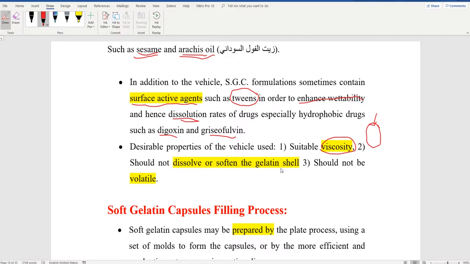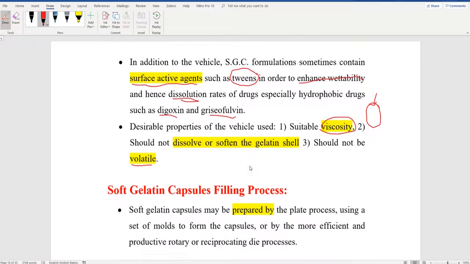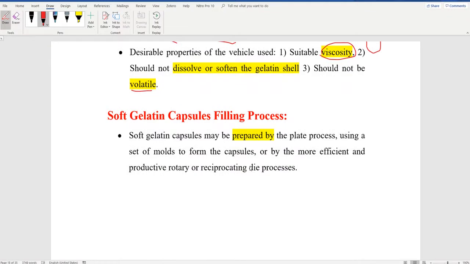That's why I cannot add water. If I need to add a plasticizer, then it must be in small quantity. And it should not be volatile like isopropyl alcohol. Therefore, if I want to use something volatile, it has to be in very small quantity.